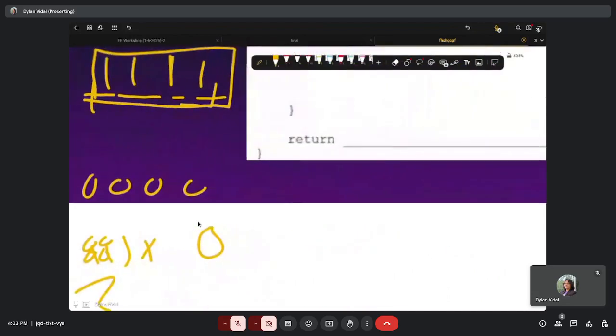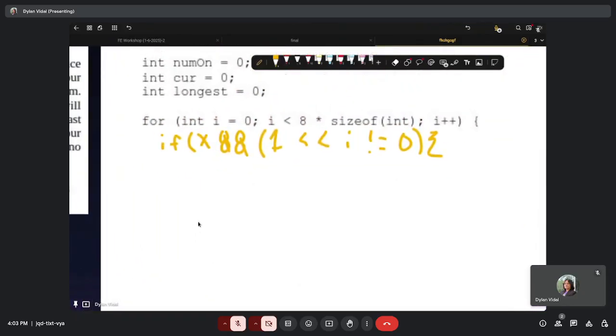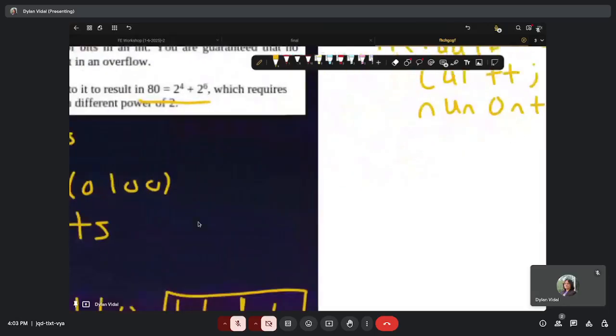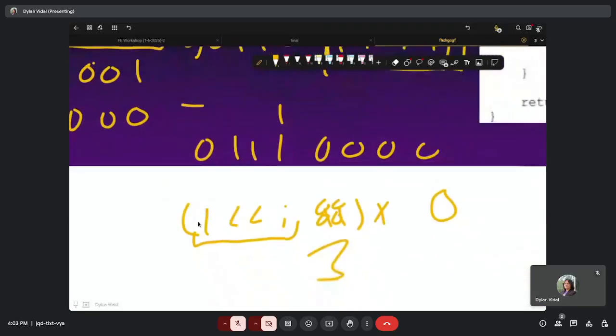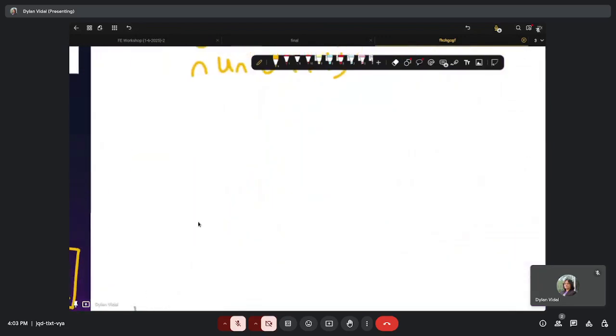Everyone good? All right. So this means we have a 1 bit, and we're going to add to our current running total, current plus plus, because we have a 1 bit. And we're also going to increment the number of bits currently on, because we also want to keep track. Remember, we need to know the number of bits that were on in the first place. Oh, I erased the math. You guys remember the 6 minus 4 plus 1? So we need to know the 6, so we're keeping track of both if it's on.